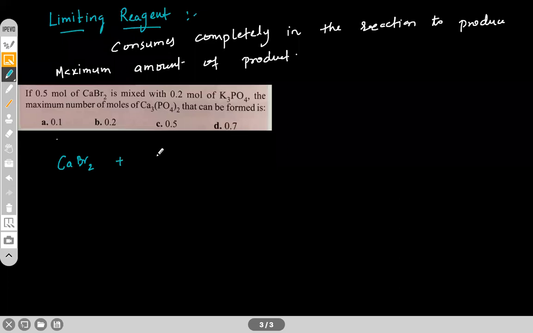CaBr2 plus K3PO4 gives Ca3(PO4)2 plus KBr.